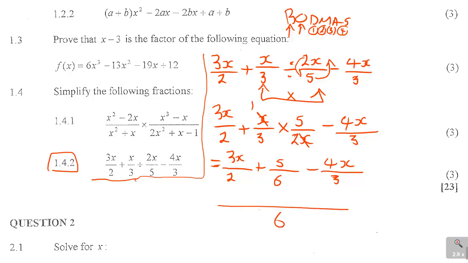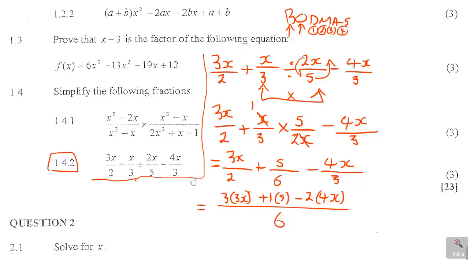Now 2 into 6 is 3. You multiply by the top numerator, plus 6 into 6 is 1 times 5, minus 3 into 6 is 2 times 4x.